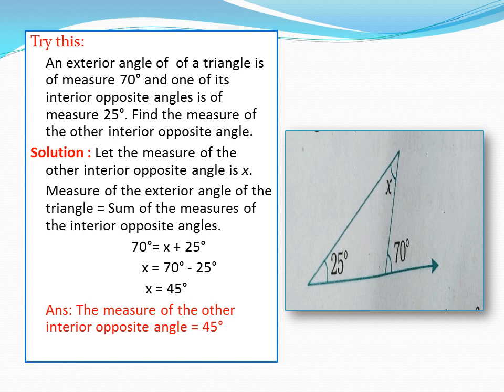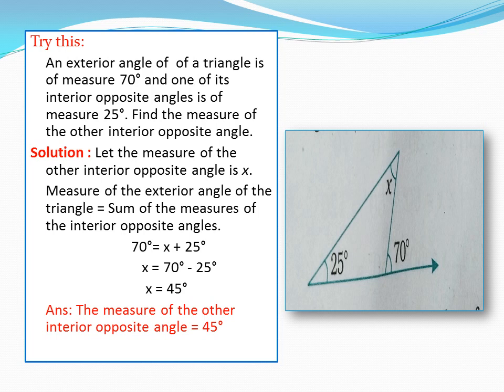So listen children, you can check whether the answer is correct or not, because 70 is equal to the sum of the interior opposite angles. So 25 plus 45, you will get 70 or not. You can check your answer that way also. Yes, of course, 45 plus 25 is equal to 70. So your answer is correct. The measure of the other interior opposite angle is 45.